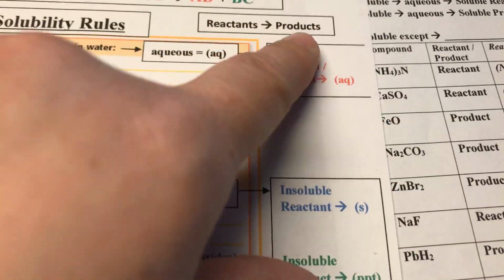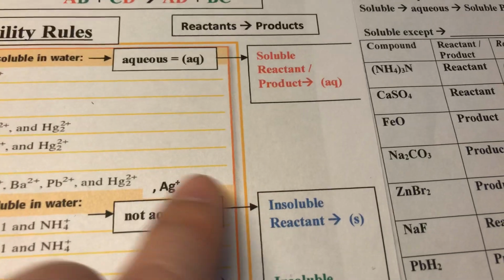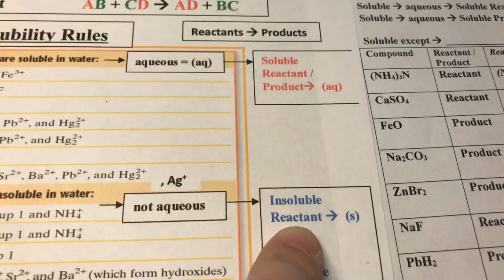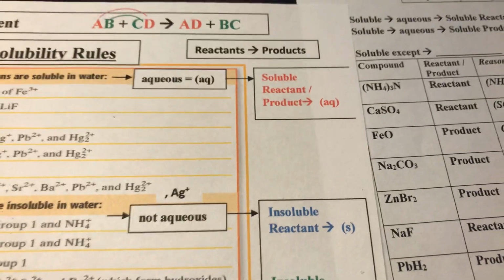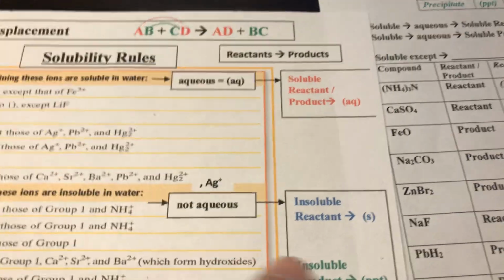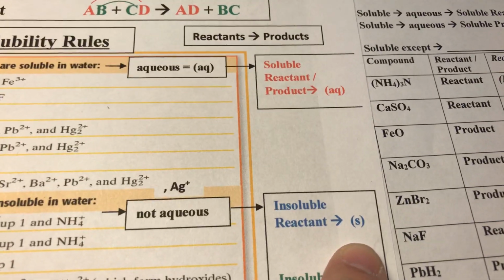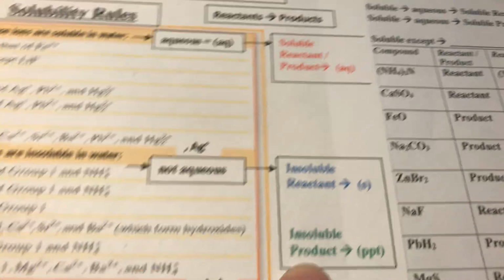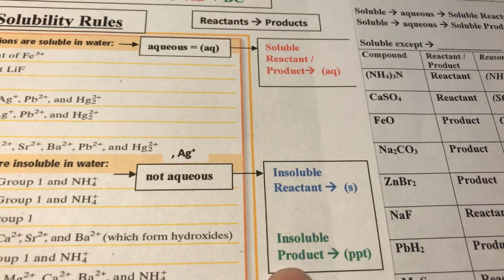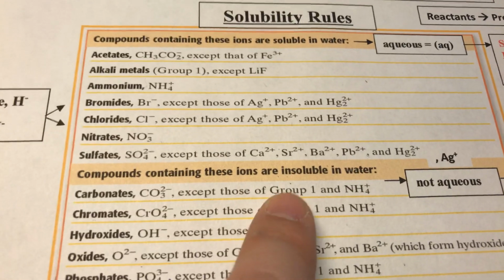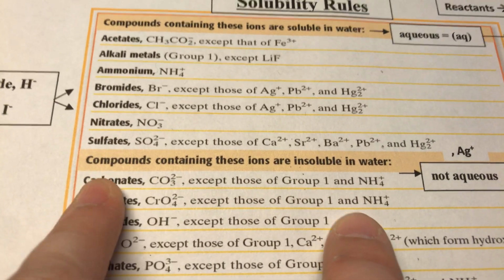Because we have reactants and products, we can have two different kinds. If they are an insoluble reactant at the beginning, like a bottle of chemical I give you, we call it a solid. If they are insoluble but are a product at the end of the chemical reaction, they form a precipitate, so an insoluble product is a precipitate. They also have exceptions. For example, carbonate: if I give you ammonium carbonate, how do you read it?